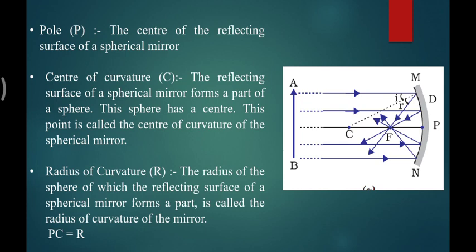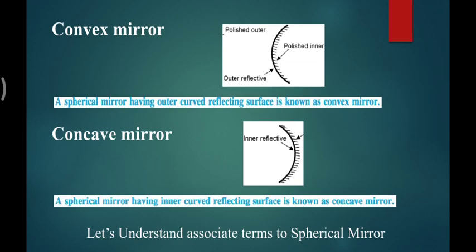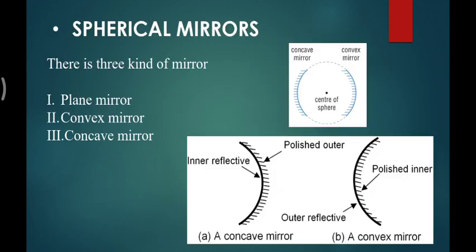Second and most important, center of curvature. You should know these things first of all. In the first figure, as you can see, we have a huge sphere, a glass ball, from which we cut out our mirror. The center of this sphere from which the mirror is cut is named as the center of the sphere.